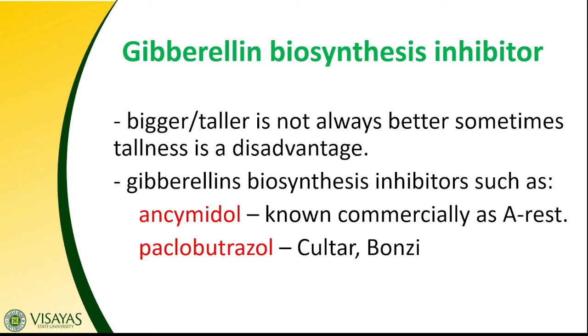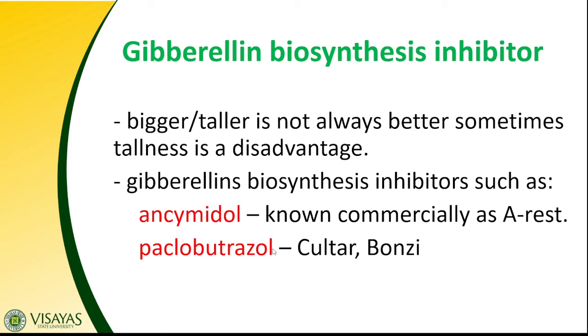So there are times that we want to inhibit the growth of the plants, and we are going to use these inhibitors. The well-known gibberellin inhibitors are ancymidol, which is known commercially as A-Rest, and the other one is paclobutrazol or PBZ.